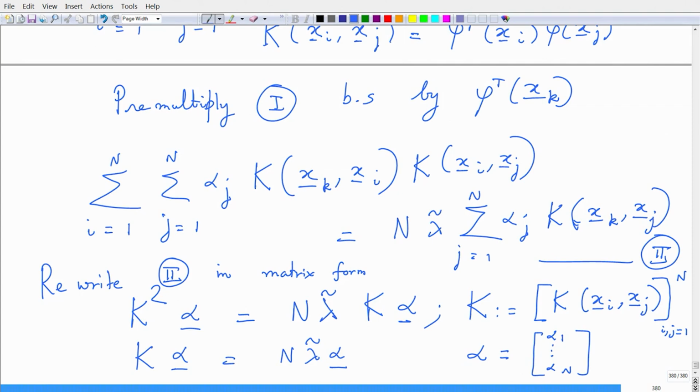So, this is my simplified eigenvalue equation that is realized in terms of the kernel matrix or the Gram matrix capital K and the number of data samples which is capital N. So, alpha is my eigenvector, and lambda tilde are my eigenvalues of the Gram matrix or the kernel matrix capital K.